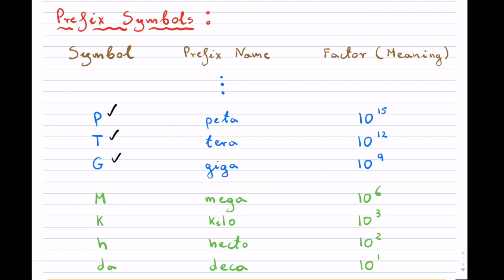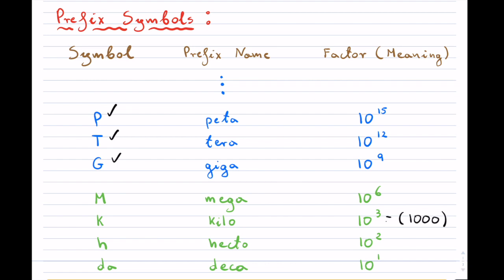So if you take kilo, which a lot of people are familiar with, they know that kilo means 1,000. And that's what 10 to the power of 3 represents.